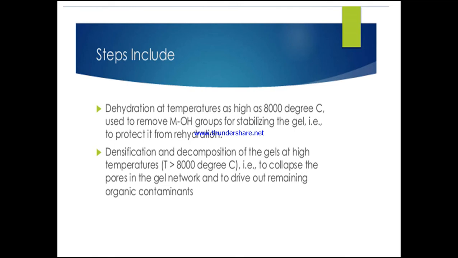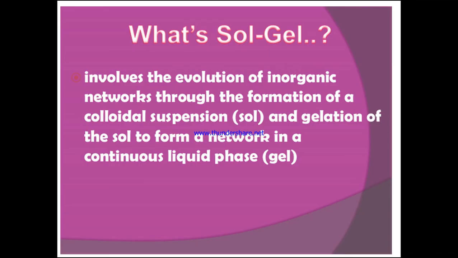This stabilizes the gel and protects it from rehydration. Densification and decomposition of the gels at high temperature, more than 800 degrees Celsius, collapse the pores in the gel network and dry out remaining organic contaminants.